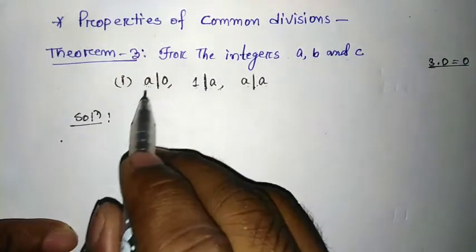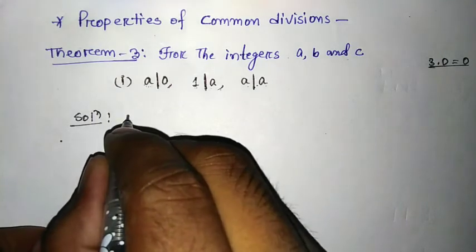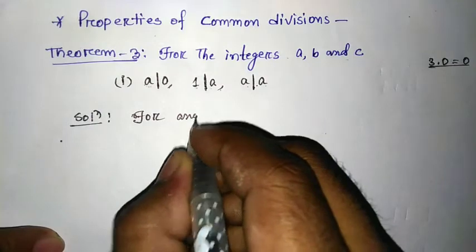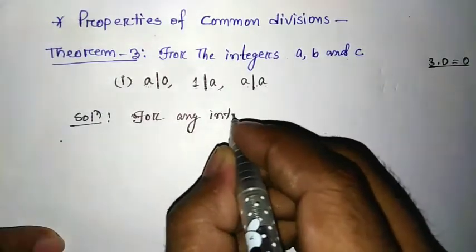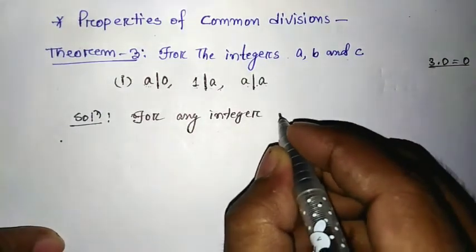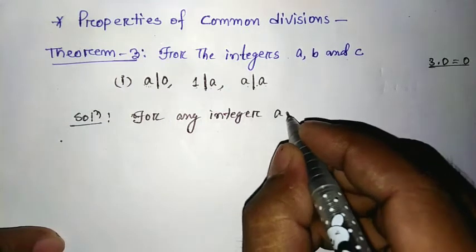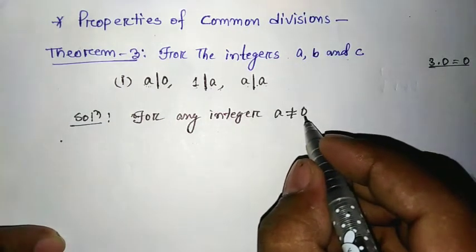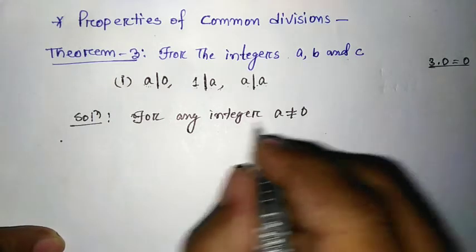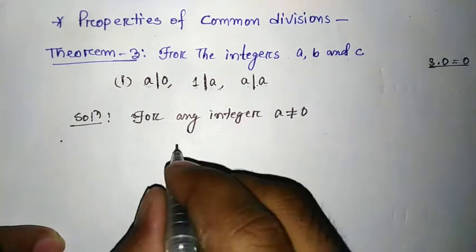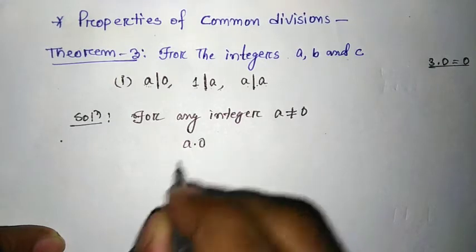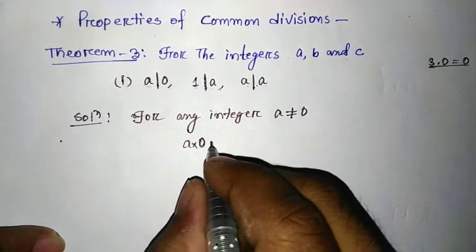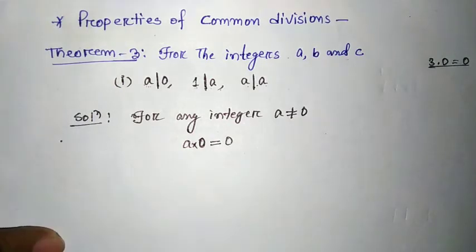Since a is an integer, we can write for any integer a not equal to 0, a into 0, or you can give a cross sign here, is equal to 0, yes or not?